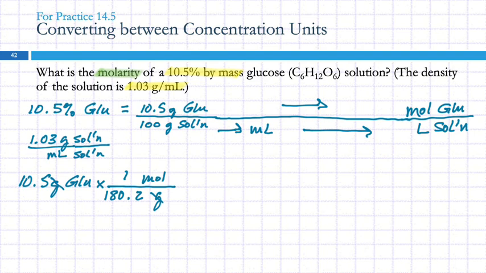So 10.5 divided by 180.2 is 0.58269, and that's moles of glucose.